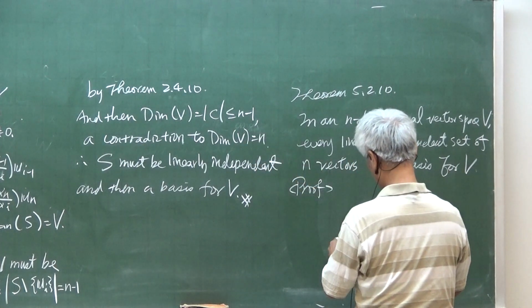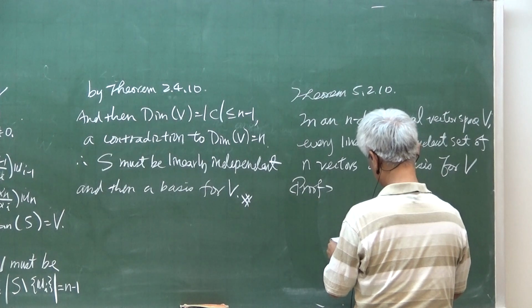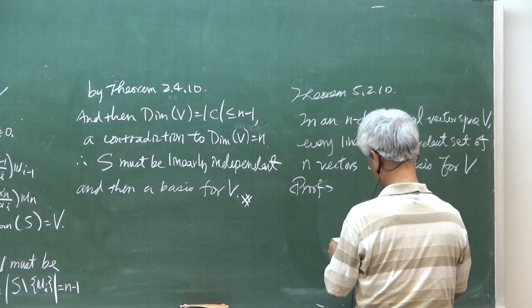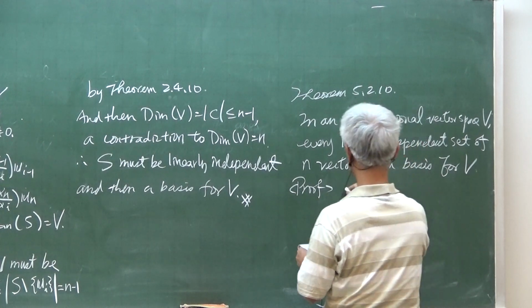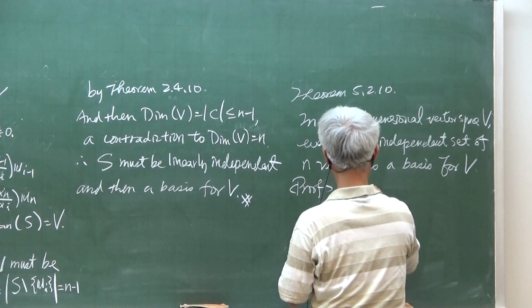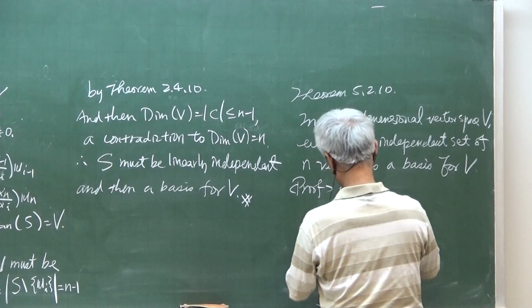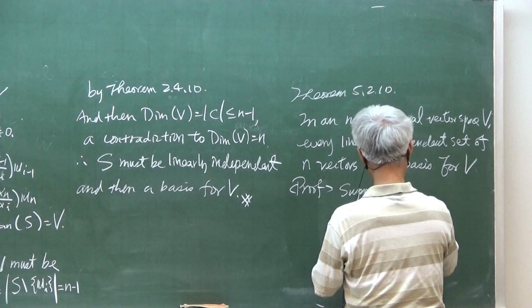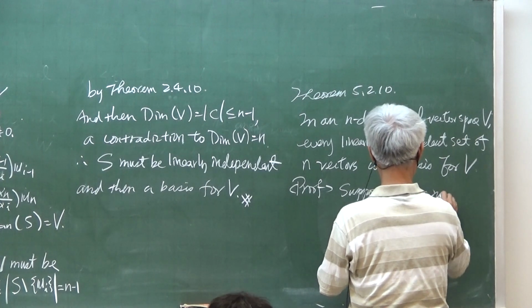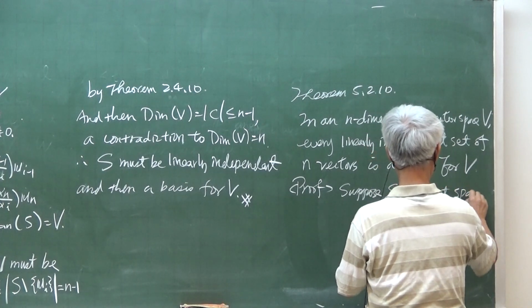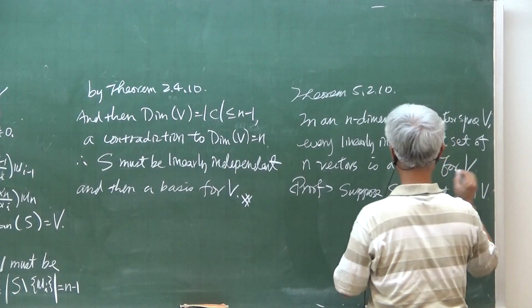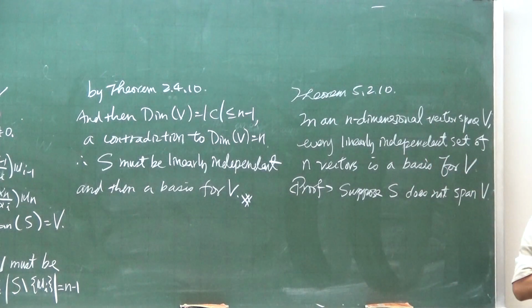Now, a proof here. We prove this by contradiction again. So suppose S does not span V, right? So suppose S does not span.